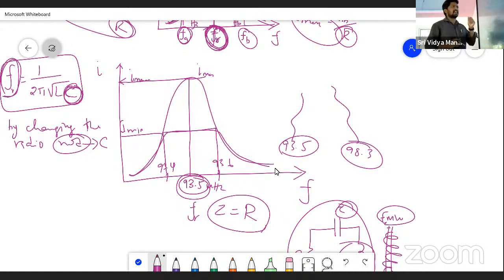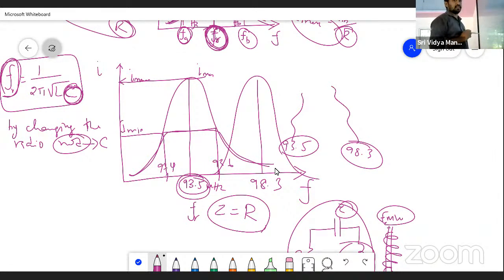If the resonance condition is reached, the signal is received by the resonance RLC circuit. What happens at 98.3? Radio Mirchi at 98.3 is received. If the C value changes, F also changes and reaches 98.3 megahertz.